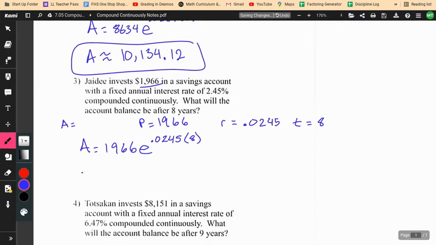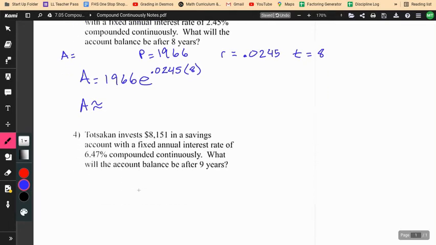And then, like I said, we'll come back and find the answer in just a second. And then for number 4, same process. Initial investment again is my principal, then the interest rate and the time, 9 years. So again, my equation, we're again finding the final amount.